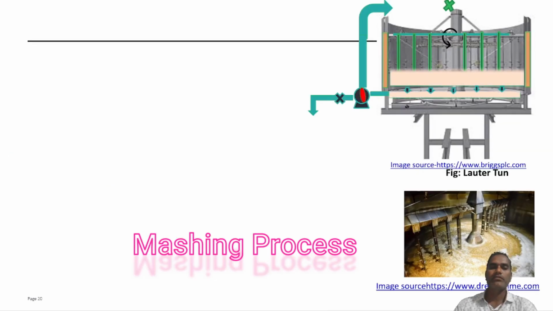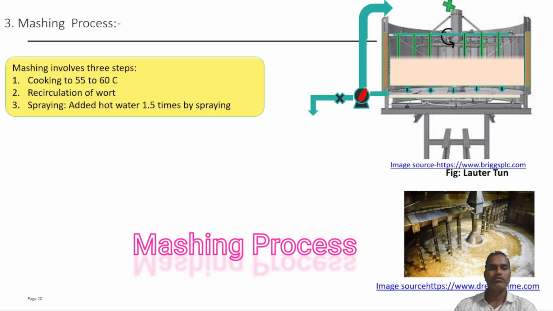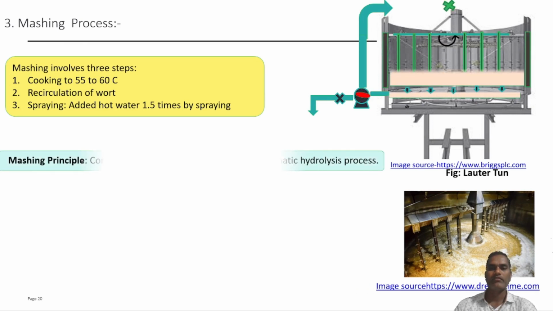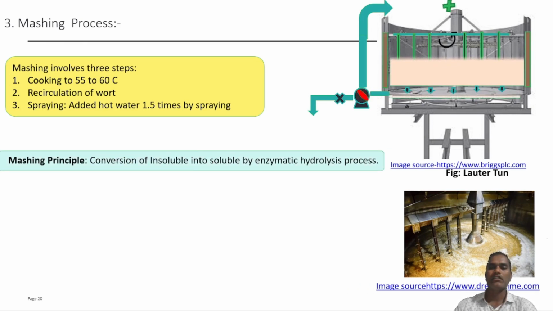The next, third important step is the mashing process in brewing, involving three main stages. Mashing is a controlled enzymatic natural hydrolysis process in which the natural enzymes present in the malted barley grains are activated and hydrolysis is carried out.